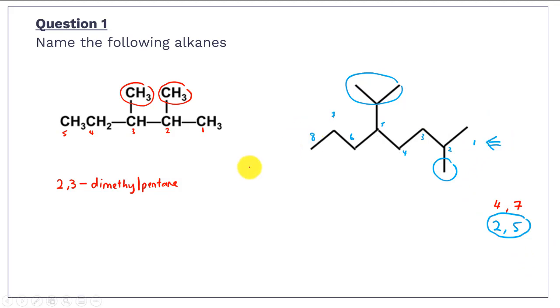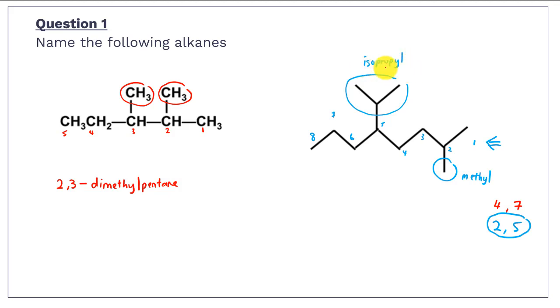So we start with the naming. If you can identify the substituents, you can name them first. At position 2, we have a methyl group with only one carbon. And over here you can see a branching with 3 carbons, C1, 2, 3. This is actually the structure for isopropyl.